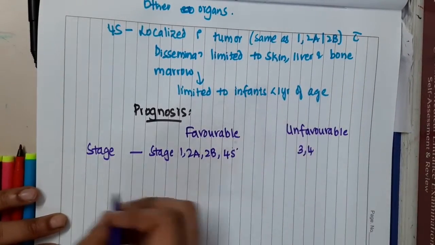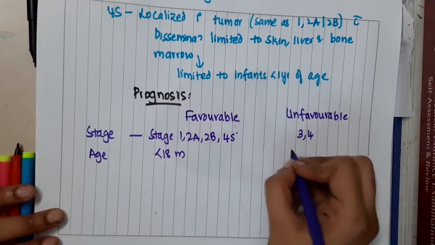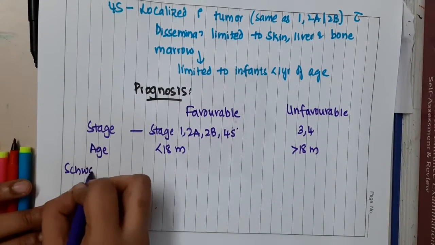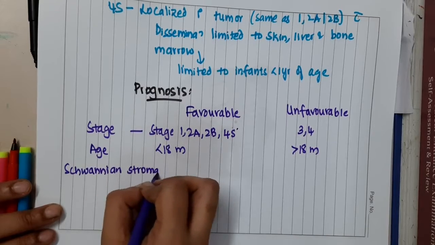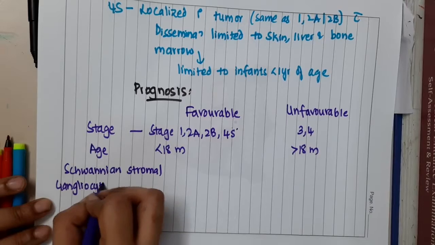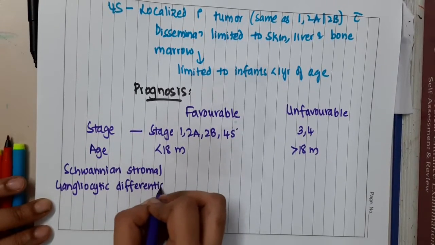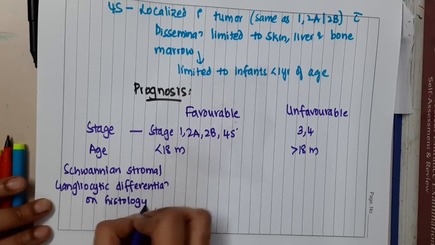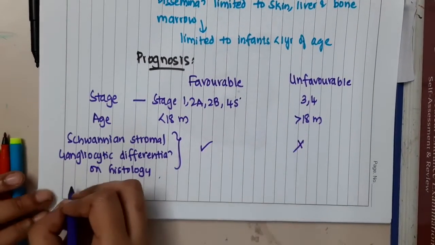Stage 3 and 4 are unfavorable. Age less than 18 months is favorable prognosis, more than 18 months is unfavorable. Then we have Schwannian stroma or ganglionic differentiation on histology: if this is present it is favorable prognosis, if absent it is unfavorable.